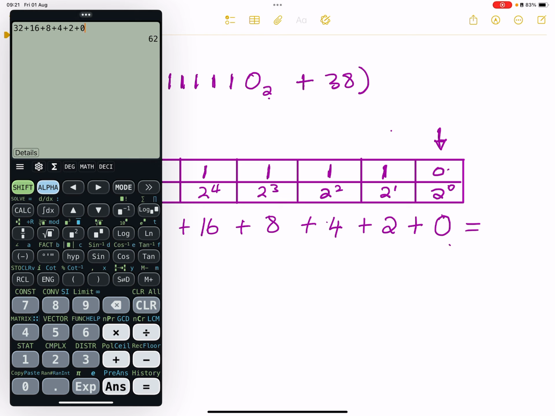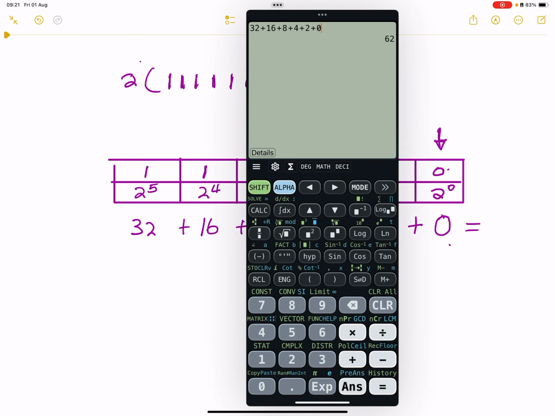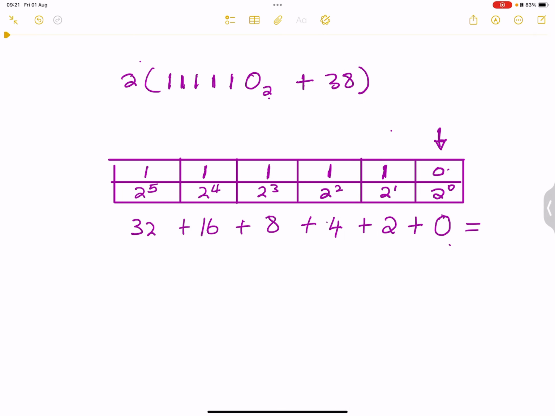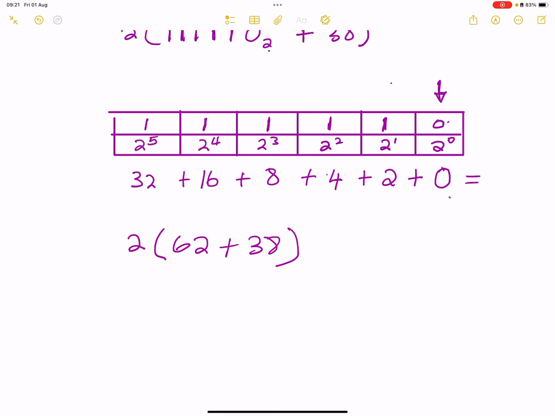That means the binary number is equivalent to 62 in decimal form. So that's 2 times (62 plus 38). 62 plus 38 gives me 100, so that's 2 multiplied by 100, which means our final answer is 200.